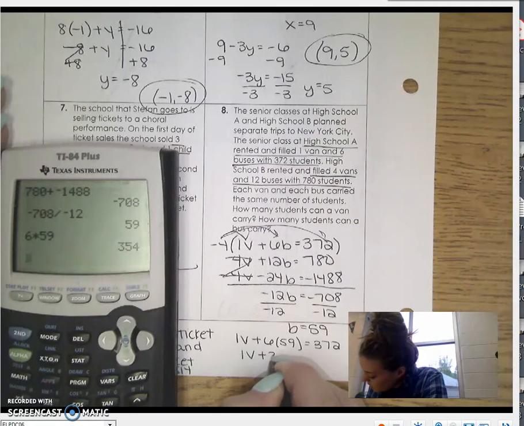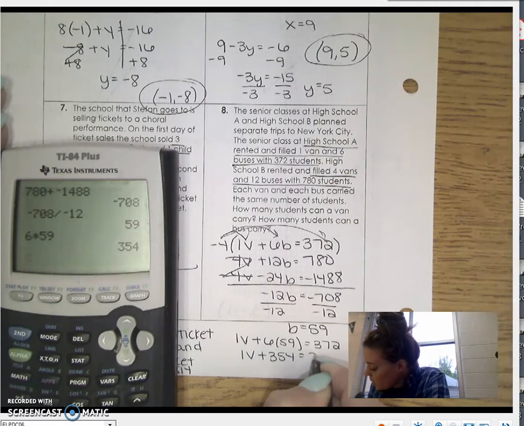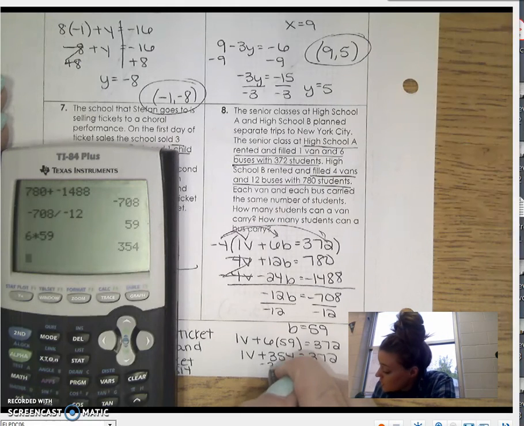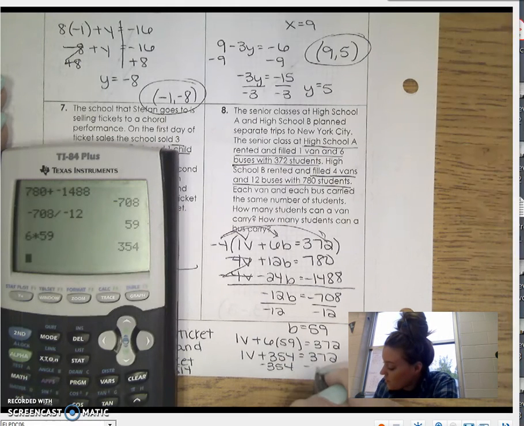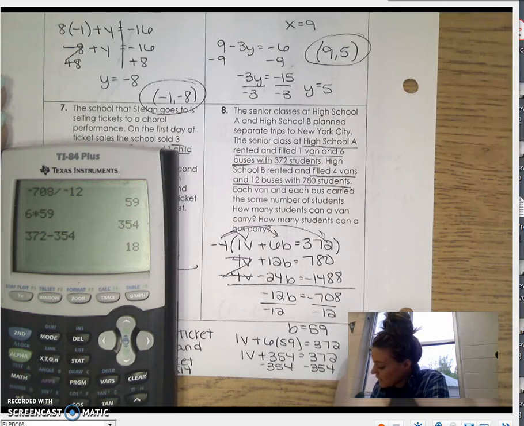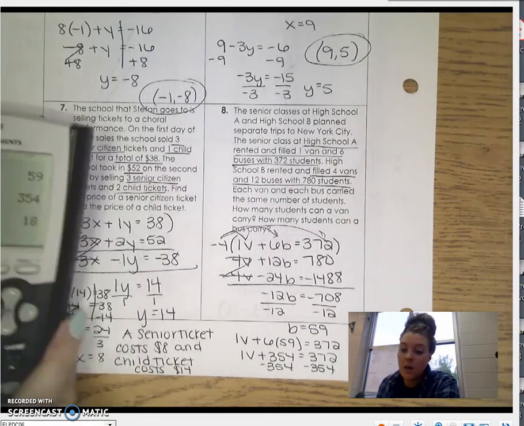So 1v plus 354 equals 372. Subtract 354. I get 18, so I get 1v equals 18. So every van holds 18 students.